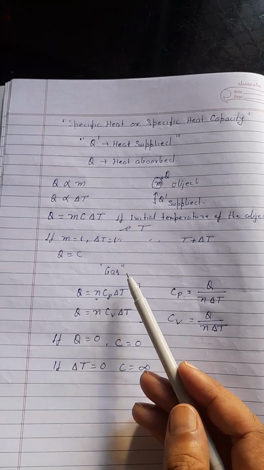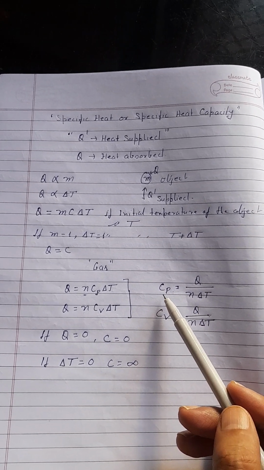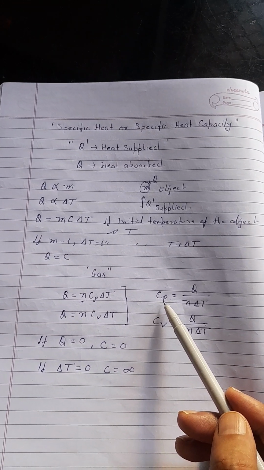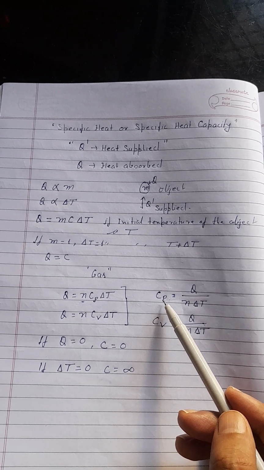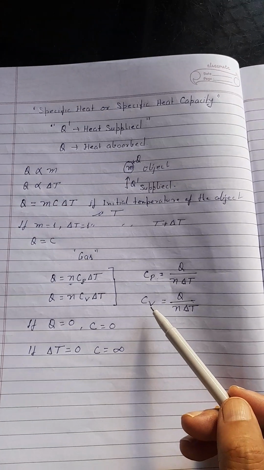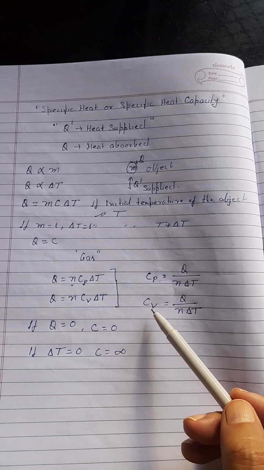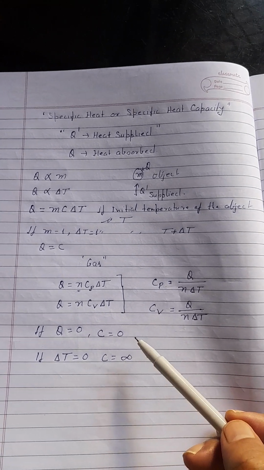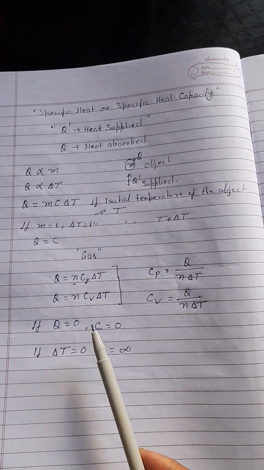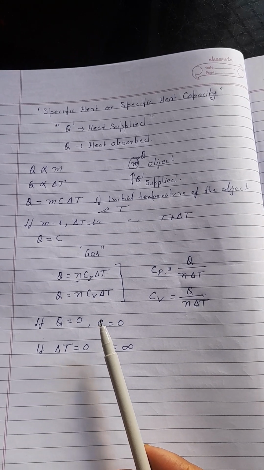So we can say in the gas Cp is the specific heat capacity or specific heat of the gas at constant pressure, right? Cv is the specific heat capacity of gas at constant volume. Now, concluding the point, in the gas, specific heat capacity varies from 0 to infinite.